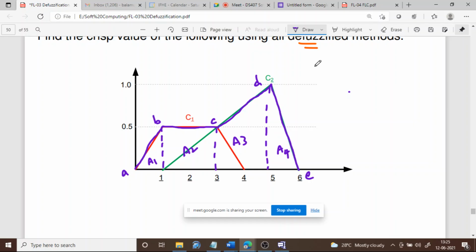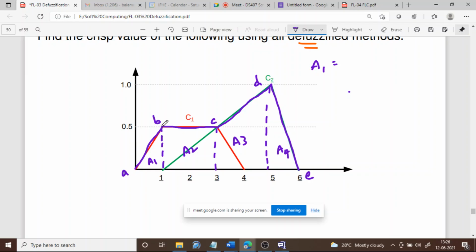How will you find the area of A1? This entire area, how will you find its area? Between 0 to 1, you have to apply that equation. Previously we discussed the line equation: y minus y1 divided by x minus x1 equal to y2 minus y1 divided by x2 minus x1.